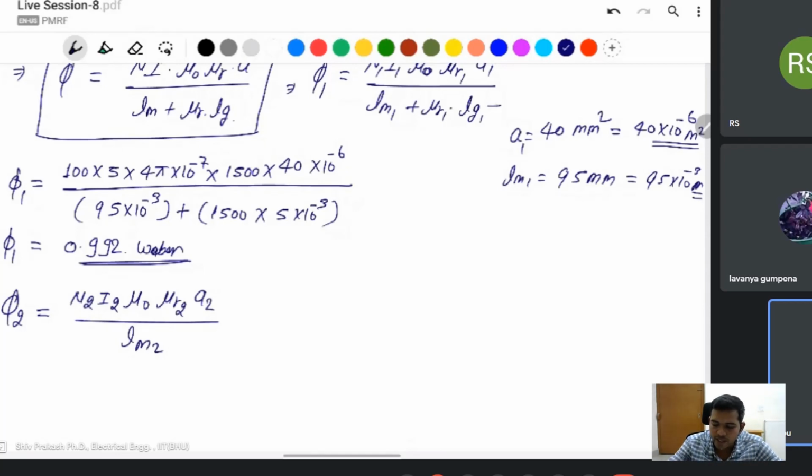Here the air gap is not given, air gap is not present. That means air gap length is 0. Then only the mean length LM is present.